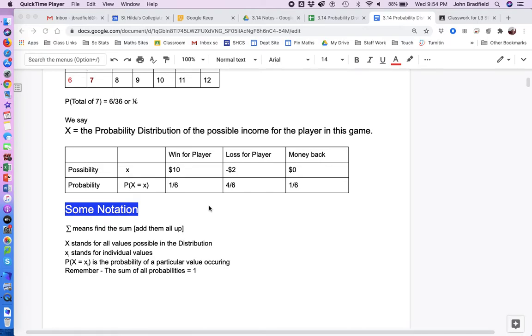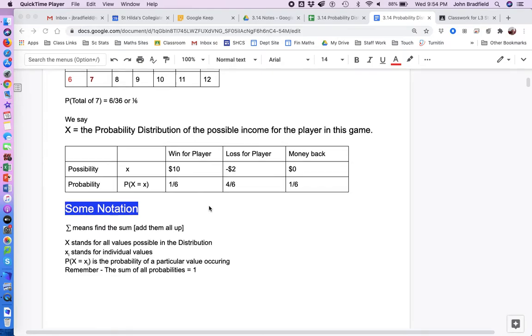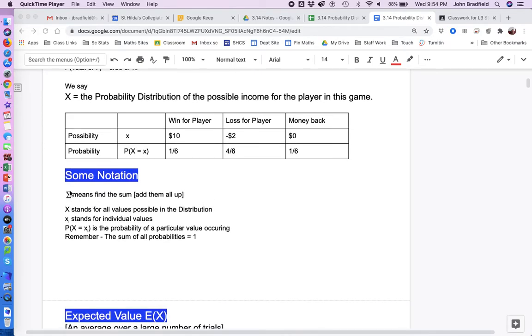Now, as we go on, there's a little bit of notation we've got to get used to, some of which may be familiar and others not. This is a sigma symbol, Greek letter, and it just means sum or add them up. X stands for all the possible values, so it's like the general term that stands for, in this case, 10, -2, and 0, all 3 of them.